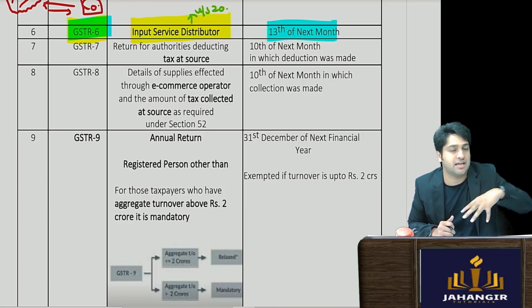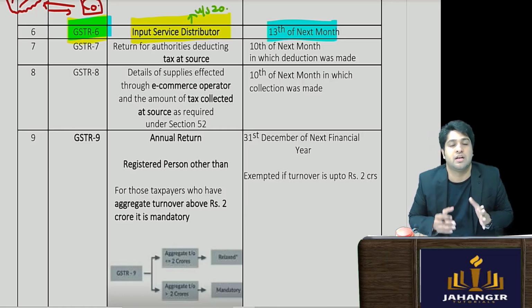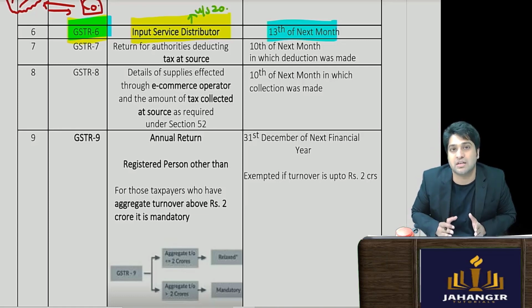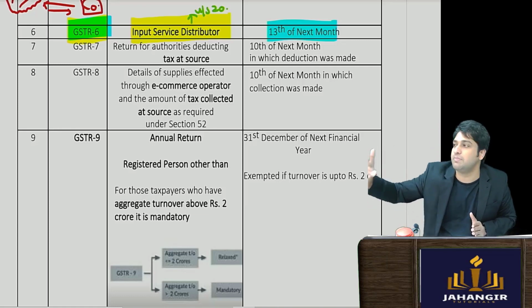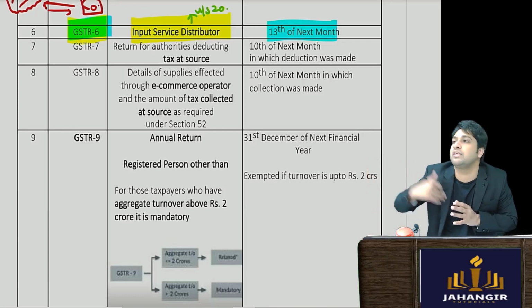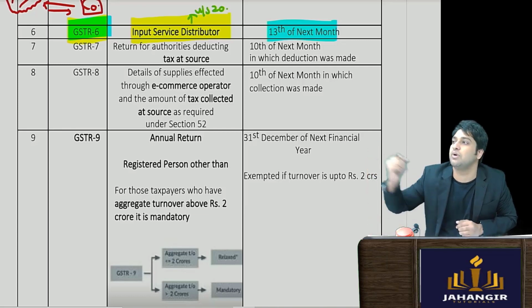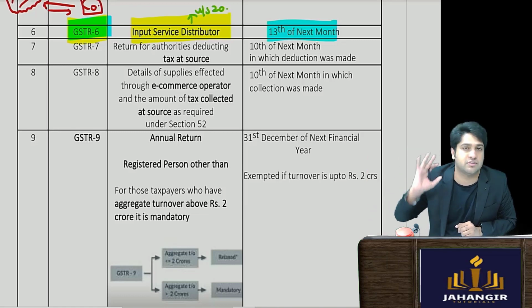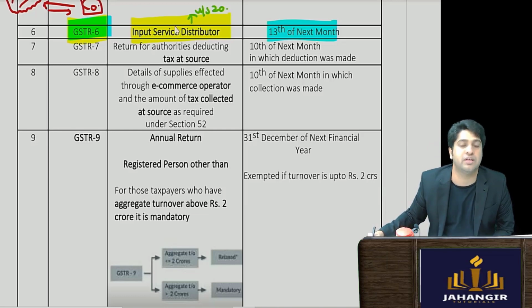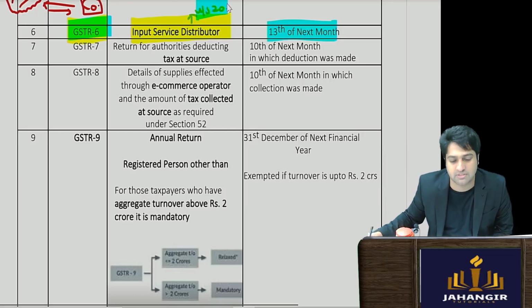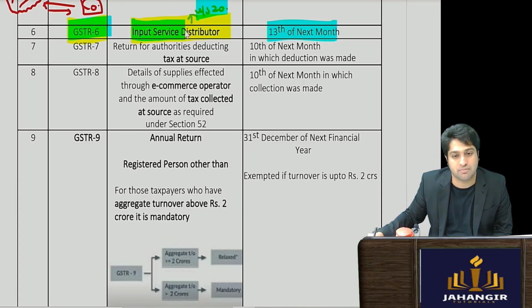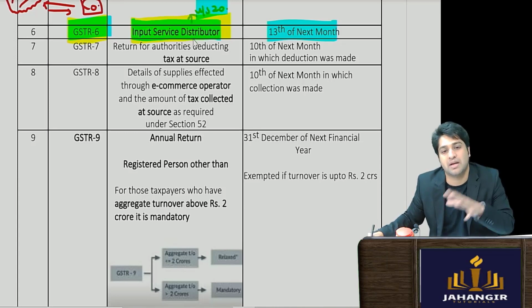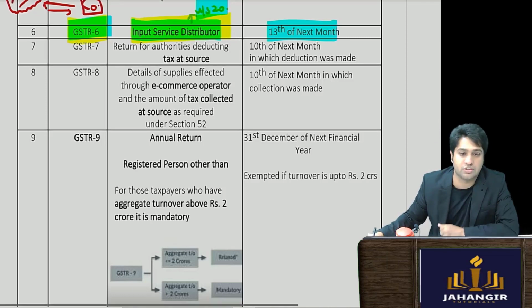This tax that they've paid on services availed is called input service. Now the branch has incurred it on behalf of its other branches, so it wants to give them these input taxes, that you can take the input taxes. It's called input service distribution. To do that, you have to be registered. You need to check the concept under section 20 to understand it. I'm not going into the concept part. It's just that the returns by ISD have to be filed by the 13th of the next month.